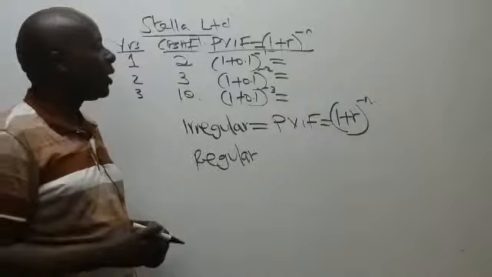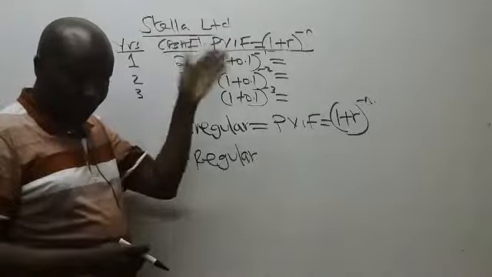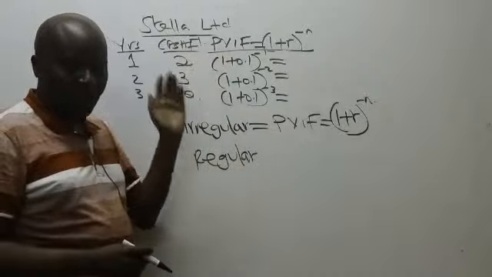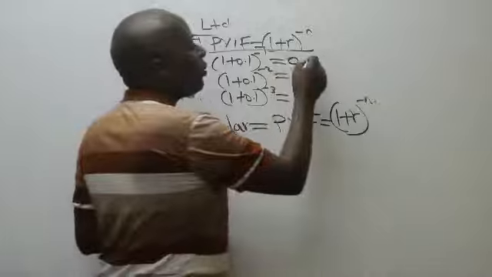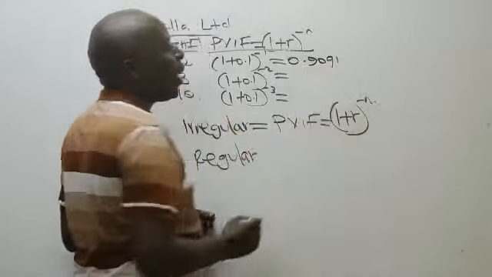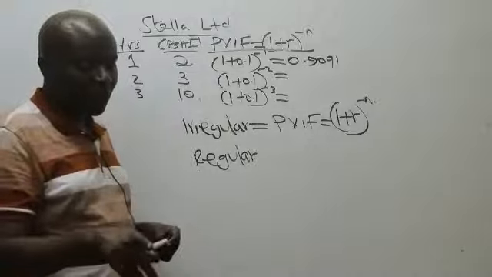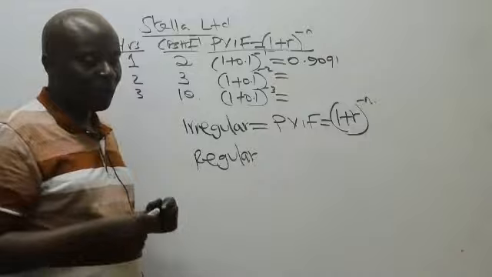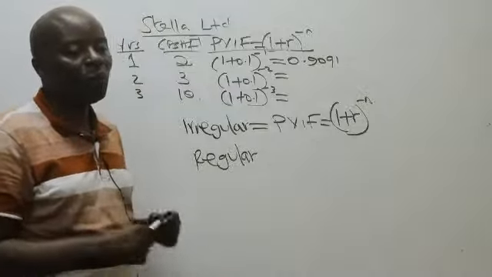The first one will be 1.1 raised to minus 1. Who is able to give me this figure? Sylvia tells me it is 0.9091. Thank you very much. Now, Monday, there is a rounding off issue there. It's supposed to be 0.9091. How about 1.1 raised to minus 2?